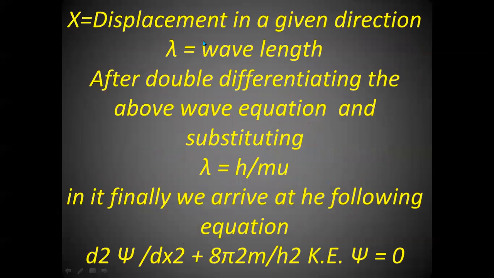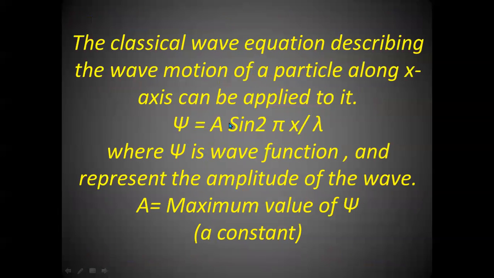Now x is the displacement in the given direction, because the wave is moving in the x direction. Lambda is the wavelength, and here there is some tough mathematics called differentiation, that too partial differentiation, where a symbol dou or d is used. So we will differentiate the above equation, that is psi is equal to A sine 2 pi x by lambda.